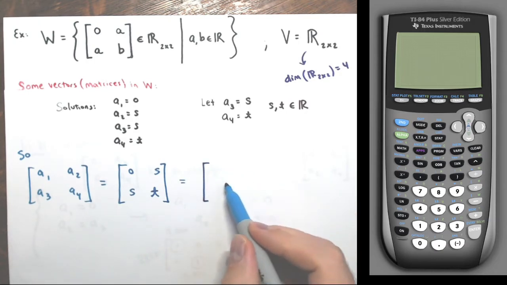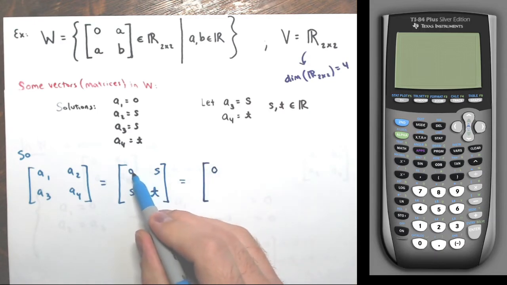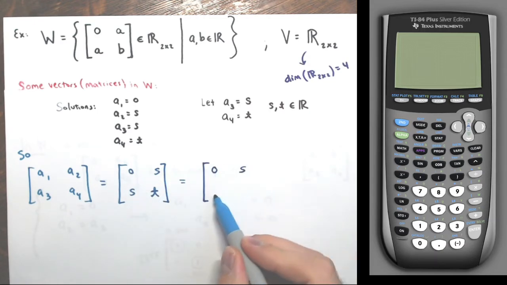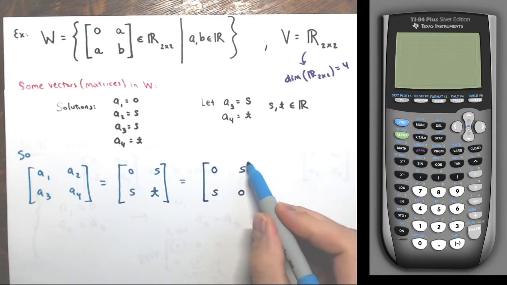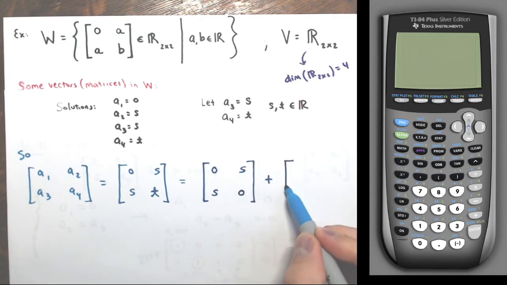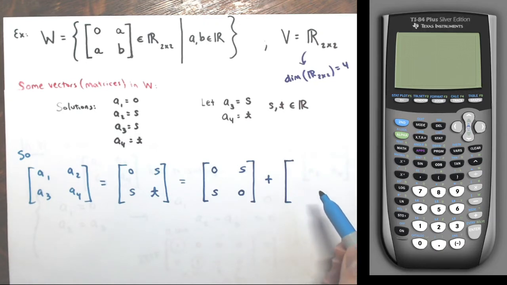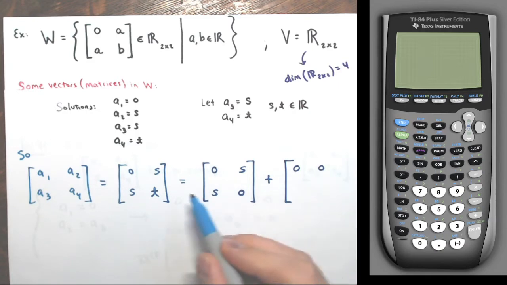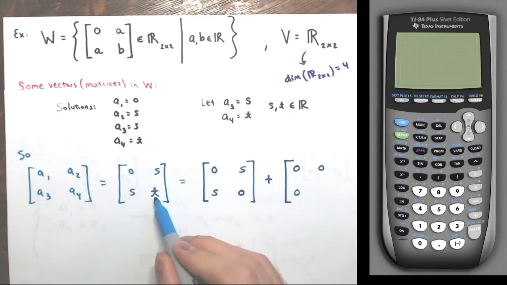Again, one involving S, so there's no S in the first row, first column, then you have S, S, and then there's no S in that second row, second column term, and then add to that another 2 by 2 matrix where you're involving the T's, where there's no T in there, no T there, no T there, and then one T there.